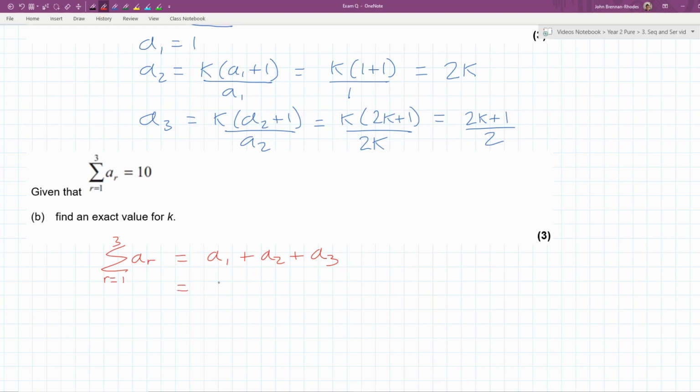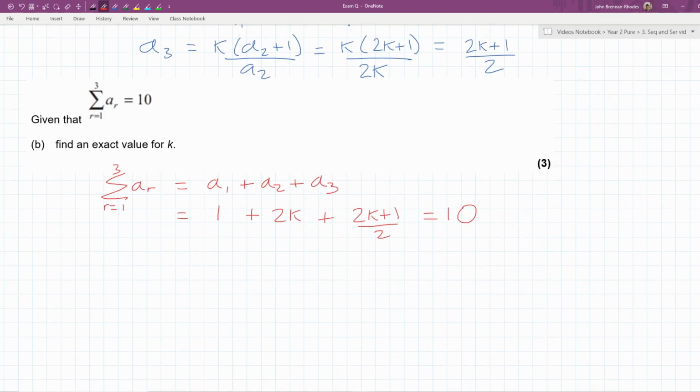Well, we have these up here. So it is 1 plus 2k plus (2k squared plus 1) over 2. And we know that this is equal to 10. Find k. Well, we don't have any recurrence relations or sigma notation now. We've just got an equation. I would be tempted to immediately get rid of any fractions.